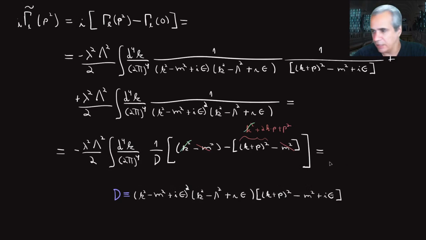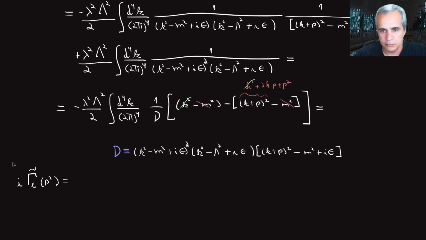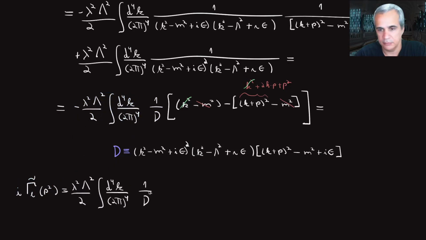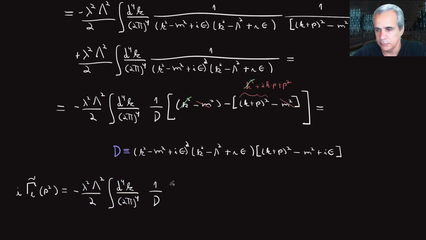So in the end, I have i gamma tilde L of p squared equal to minus, let me copy all of this just to make things faster, times that numerator, which is minus 2k p minus p squared.